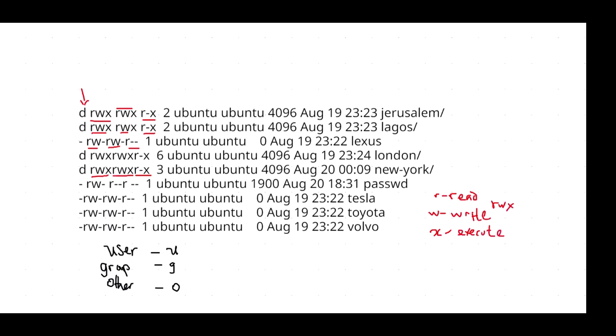So the first of the three is for users. The second is for group, and the third is for others. Users, group, others. Are we paying attention, please? Can you hear me, everyone?